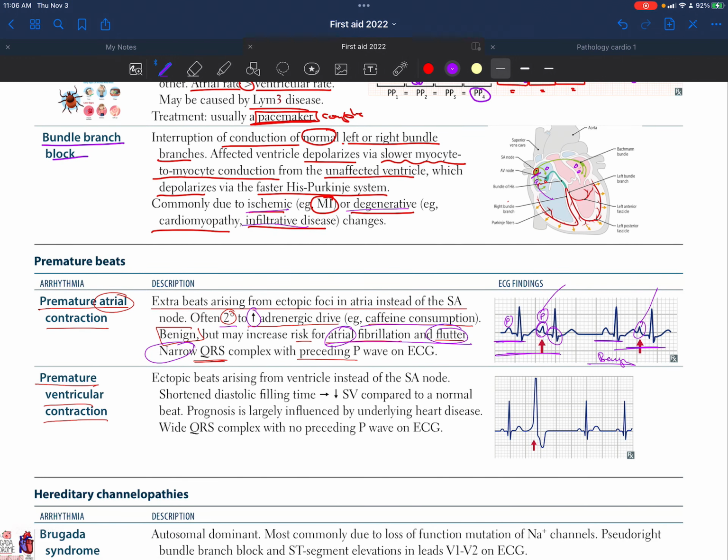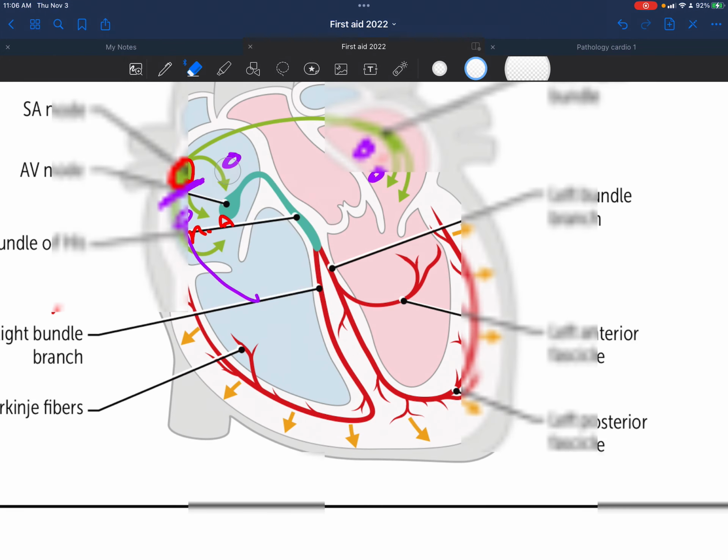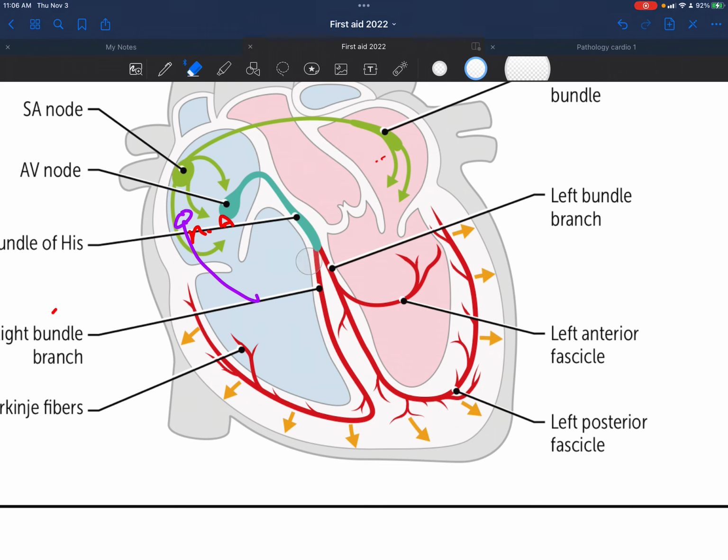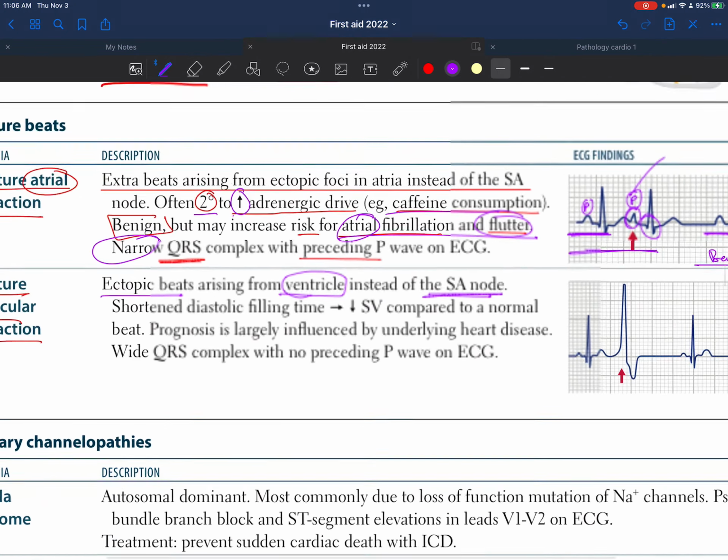For the premature ventricular contraction, we have ectopic beats arising from the ventricles instead of the SA node. So now the ectopic foci are not coming from the atria; they come from the ventricles, and they do their own depolarization thing.